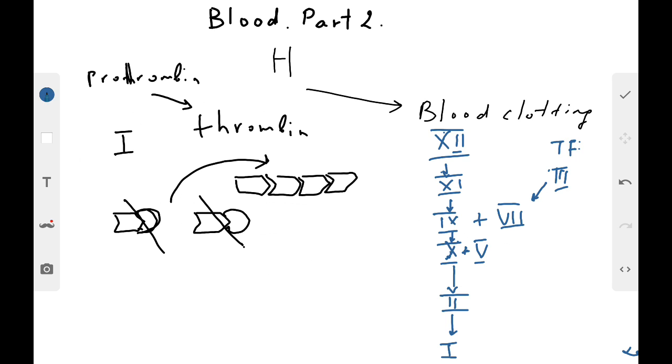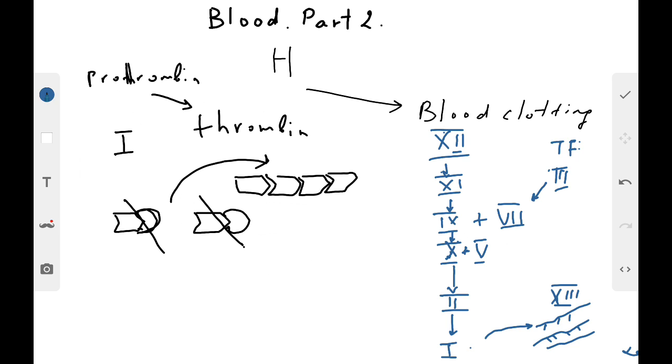And also we have factor 13, which is needed to produce the fibrin meshwork. So these fibrin strands bind each other with the help of factor 13. So these cascades are needed for amplification of this signal.